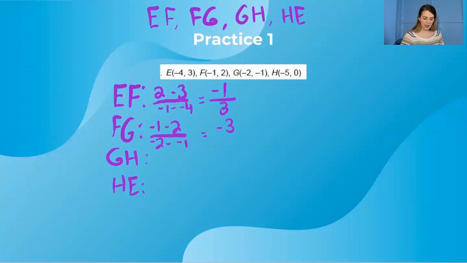This gives me -3 over -1, so that one's 3. GH. Gives me +1 over -3. And HE.